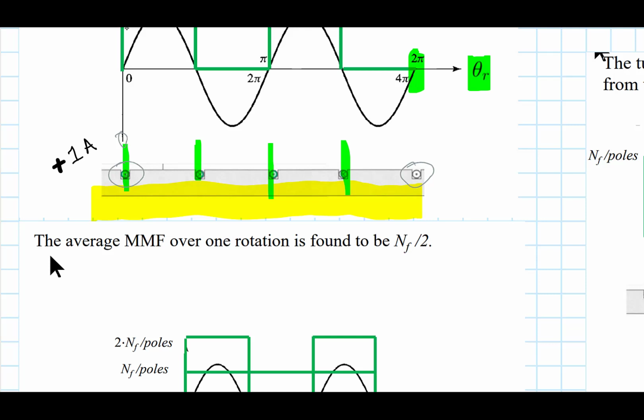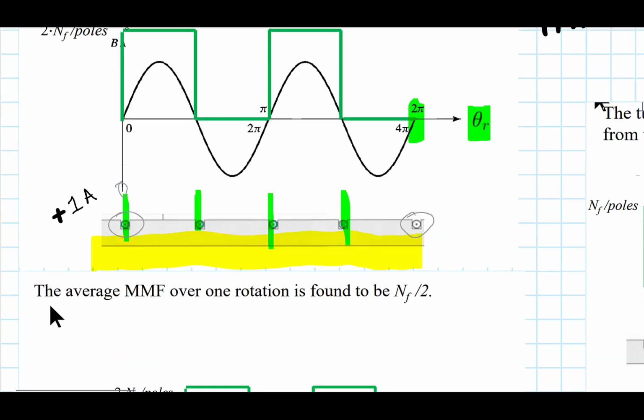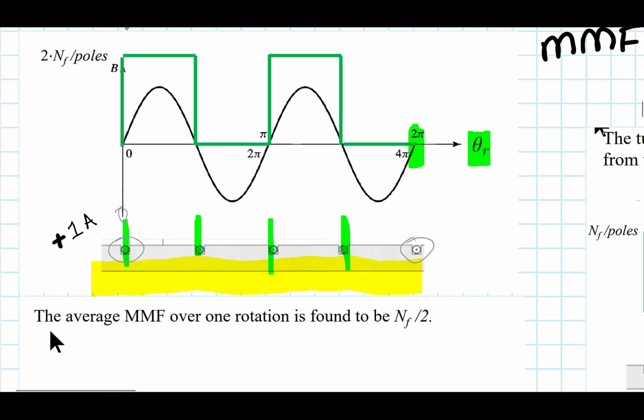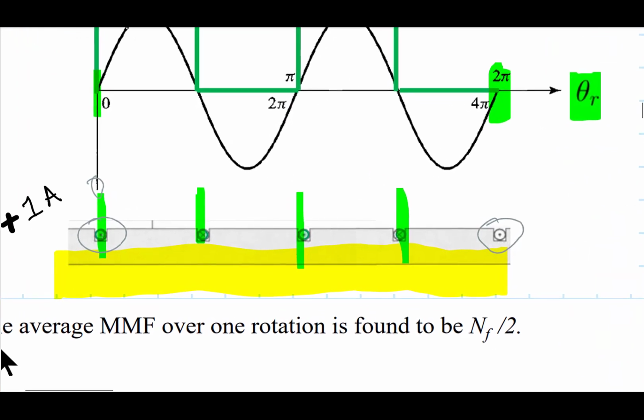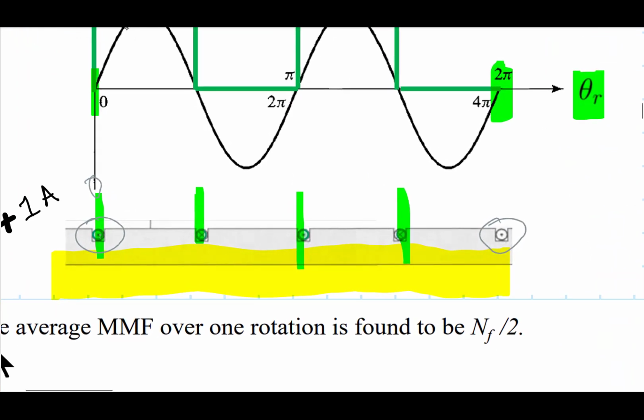It could be any current level, but we're just going to consider 1 amp so that it doesn't change the number that we're going to come up with. There is a certain number of turns per pole inside each slot. And the MMF does not change at all until we get to the other side of this winding. And in that case, where the current was coming out, it's going back in.